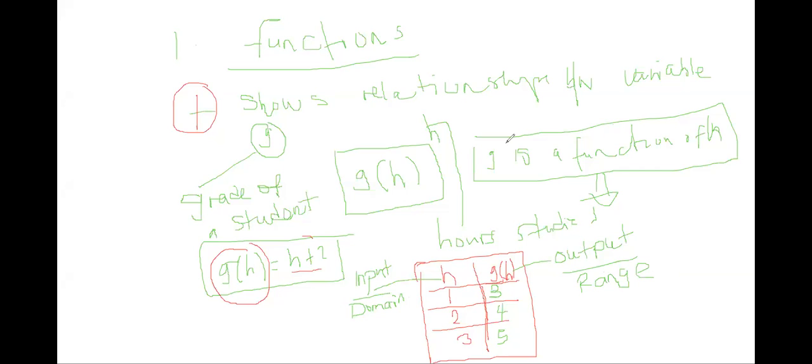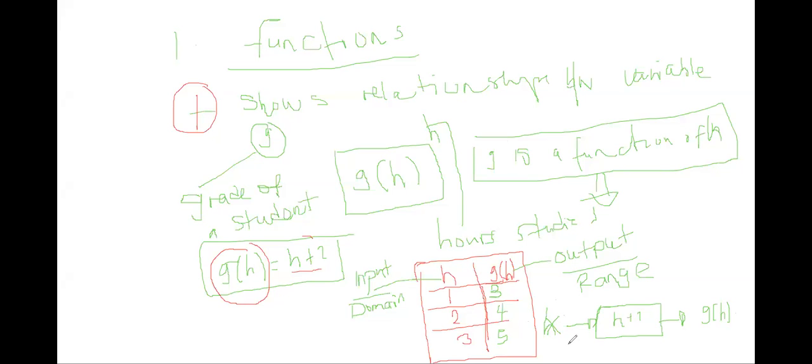If you look at a function, it just shows how inputs are related to the output. We can even say a function is just like a machine. These are the inputs, which in this case is H, and then you have an output, which is G of H. The machine there is H plus 2.